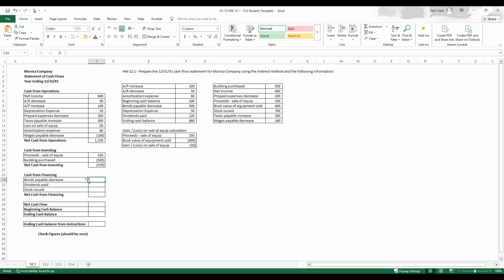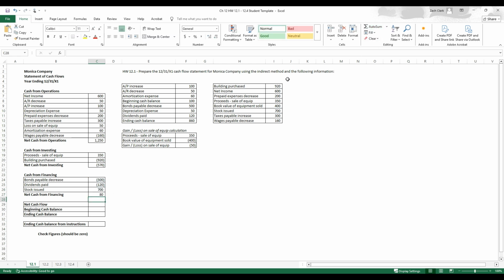Bonds payable decreased, and again, a payable decrease means we're paying it down with cash, and so that's going to be a negative as well. Dividends paid is a cash outflow from our equity, and that's going to be a negative as well. Whenever something's paid, it's a cash outflow. Stock issuance raises cash, so that's going to be positive.